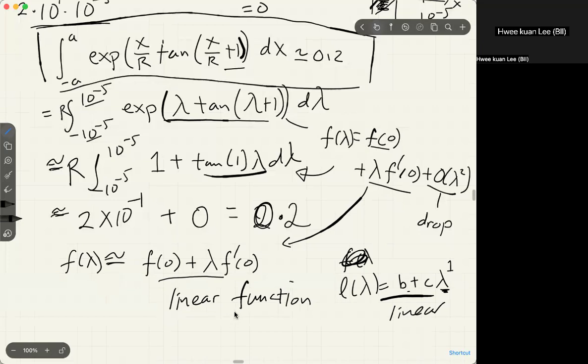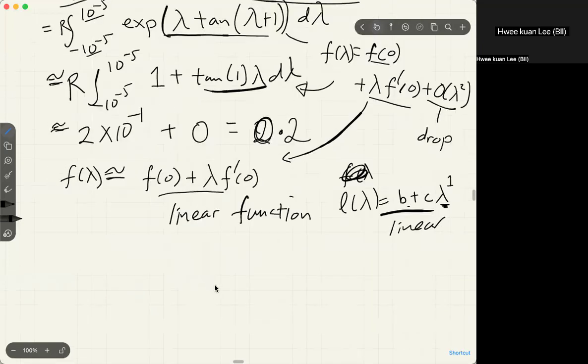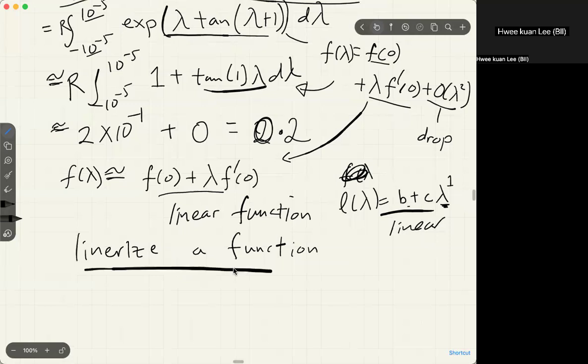Okay. All right. With this, we end the lecture, but I want to emphasize again, linearizing a function is extremely useful and powerful.